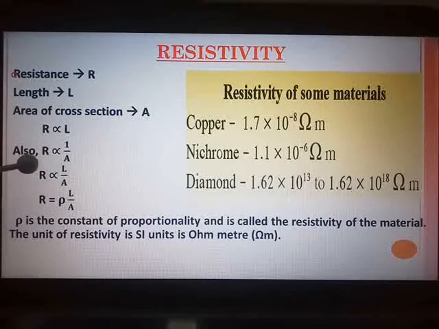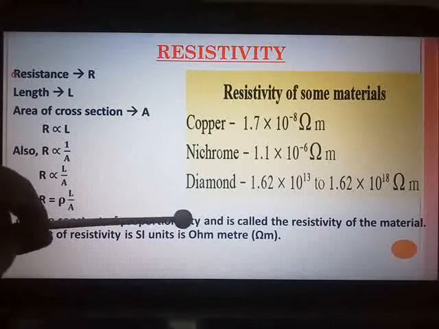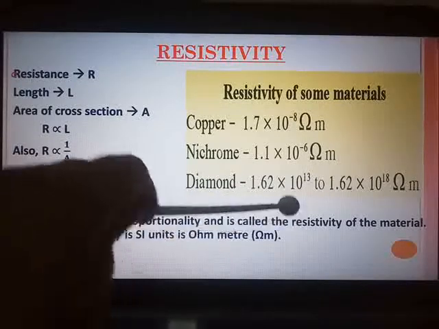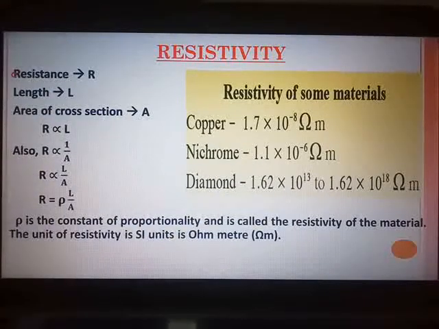If you combine both, R is proportional to L upon A. To remove this sign, we take the constant of proportionality, which is called rho. So capital R is equal to rho L upon A. This rho is the constant of proportionality and it is called the resistivity of the material, and the unit of resistivity is ohm meter. Be very careful with the units. Unit of resistance is ohm. Unit of resistivity is ohm meter.